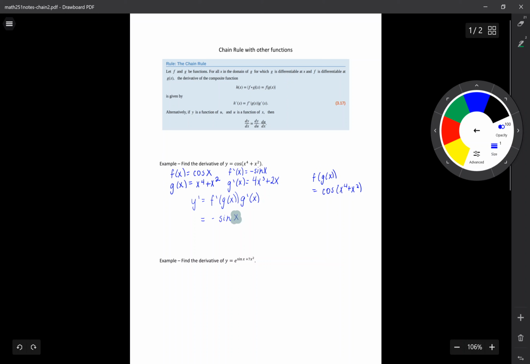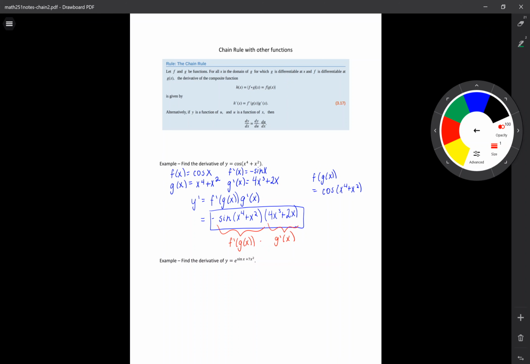Then I replace this x with the function g of x, which is x to the power of 4 plus x squared, times g prime of x, which is 4x cubed plus 2x. And this is our derivative right here. So this is f prime of g of x times g prime of x. So the chain rule works exactly the same way when we have other kinds of functions.